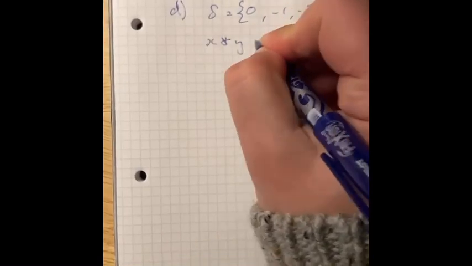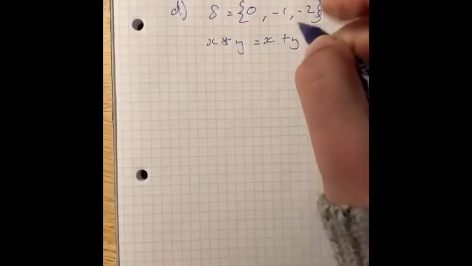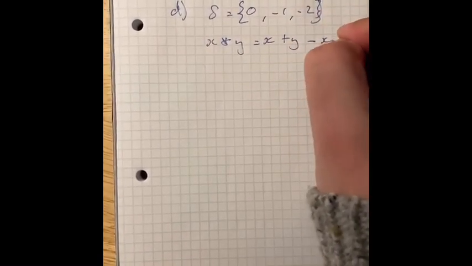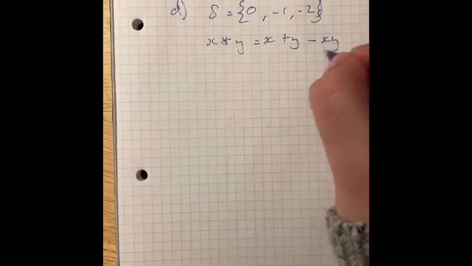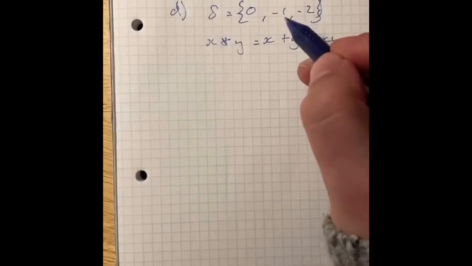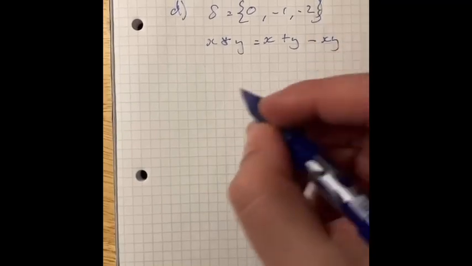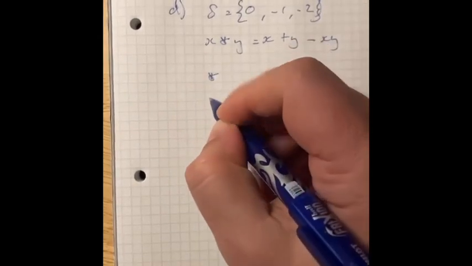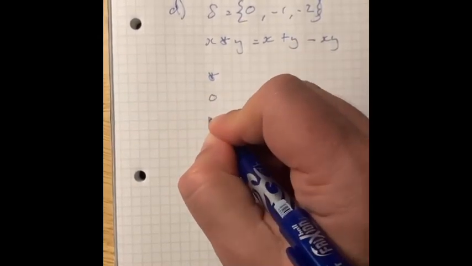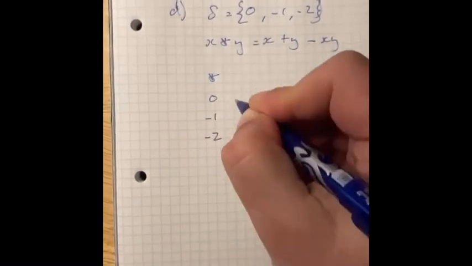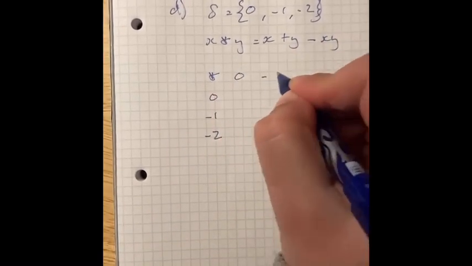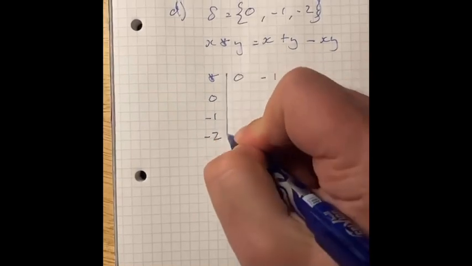X star y is x plus y minus xy. Now that minus is likely to change or be changed a bit with these minuses. So if we do that table again, we've got star, but this time we've got 0, -1, -2, 0, -1 and -2.